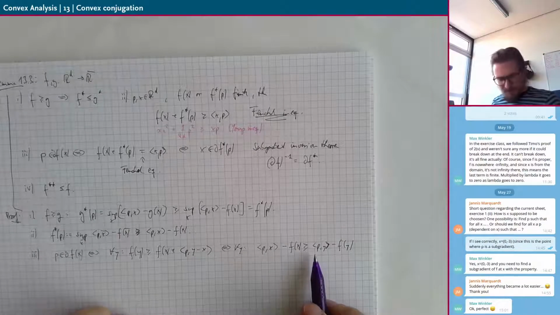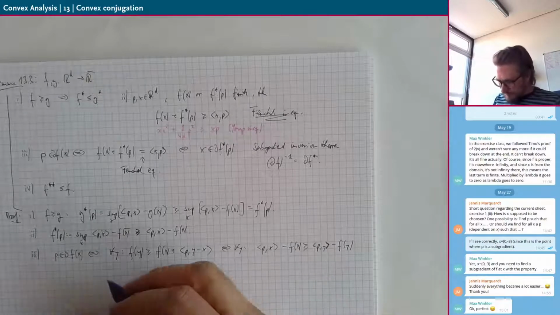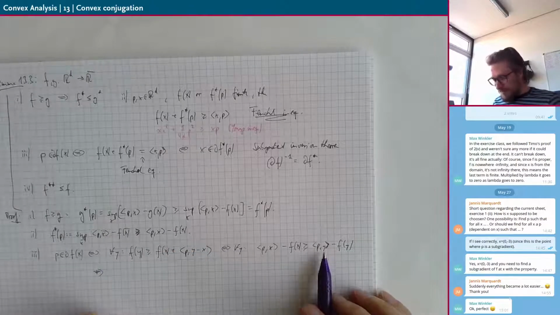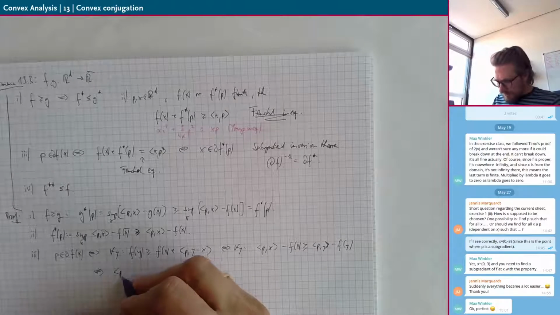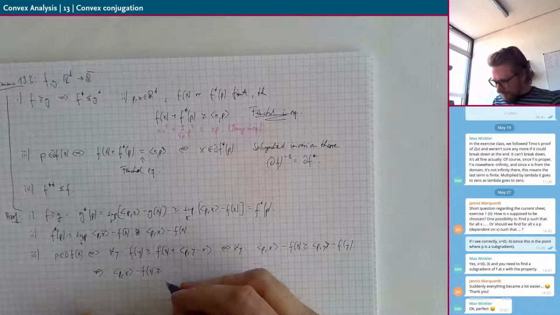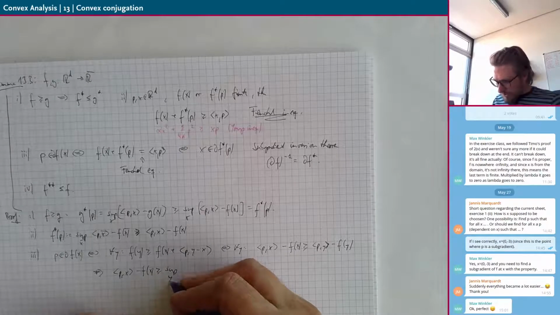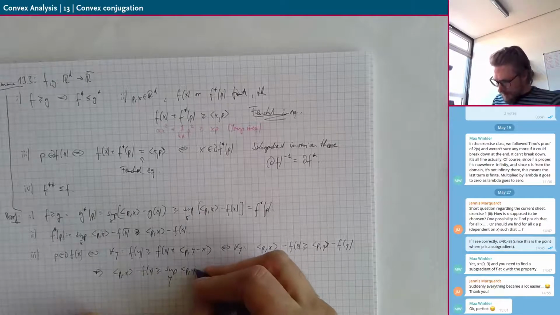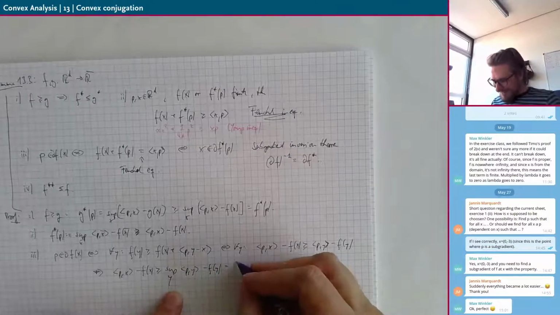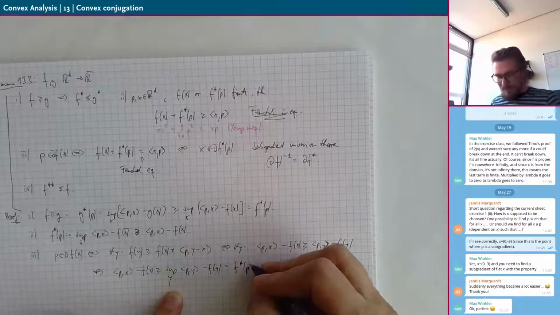And now we can take the supremum over y on the right-hand side, and this shows you p times x minus f of x is larger or equal to the supremum over y of p times y minus f of y, and observe that this is exactly the conjugate of f at p.